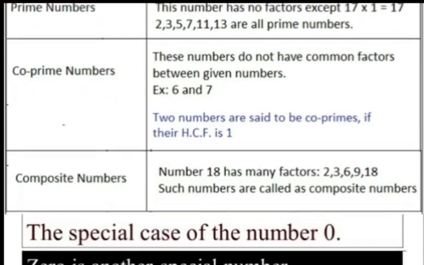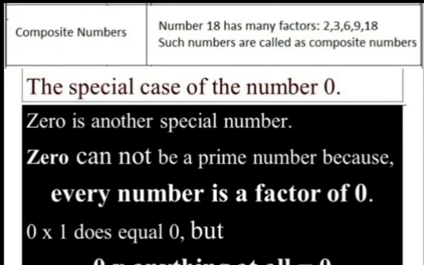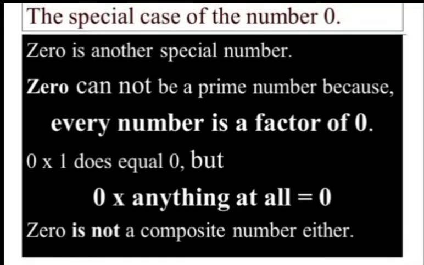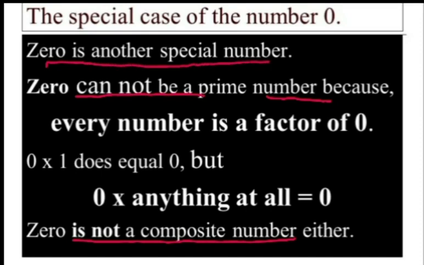Now, let us consider 0 and 1. 0 is not a prime number and 0 is not a composite number. It is a special case.